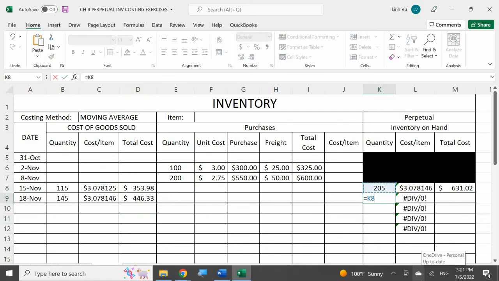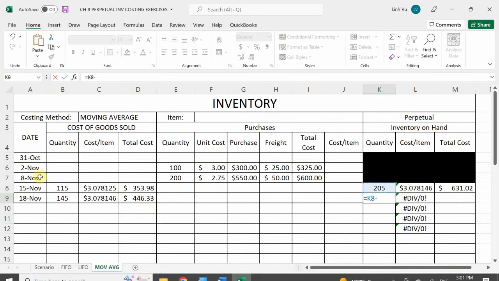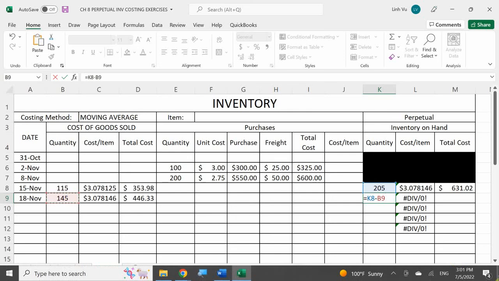If I started out with 205 units and I just sold 145, how much should be remaining? 60. Good.